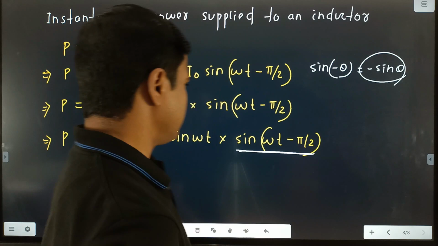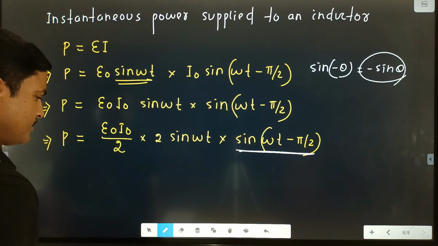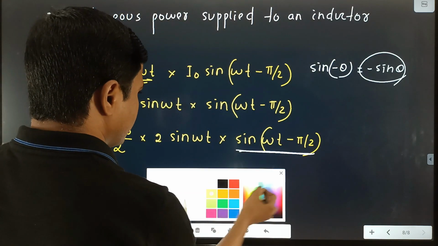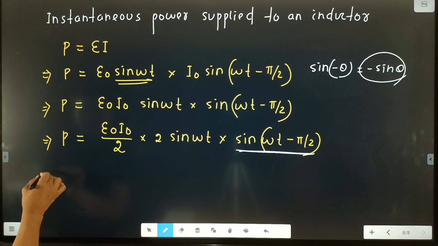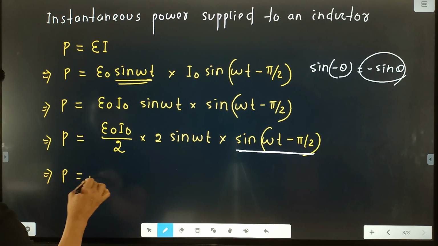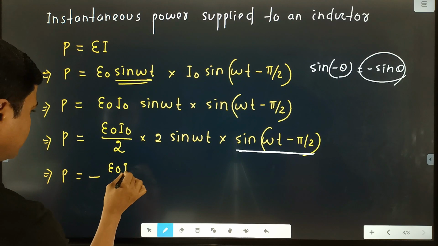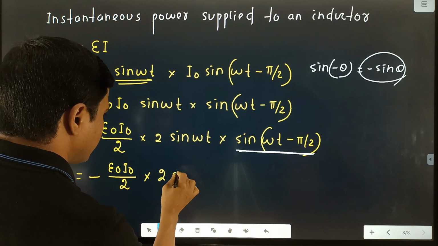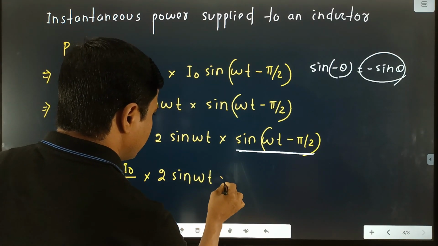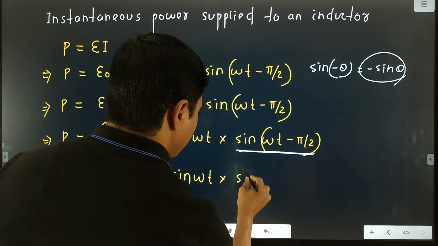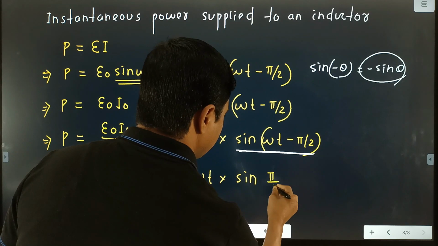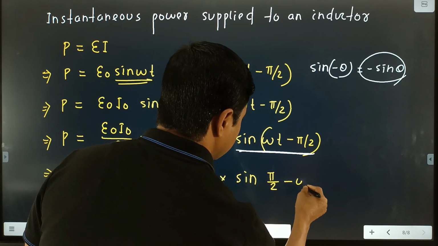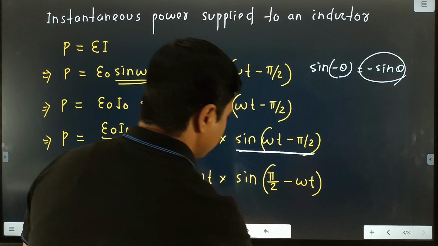So P equals minus E0 I0 divided by 2, into twice sin omega t, into sin(pi by 2 minus omega t).